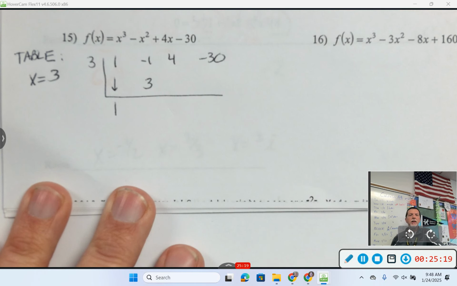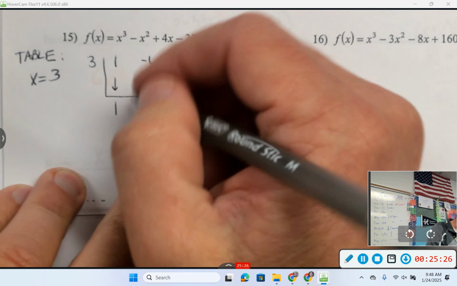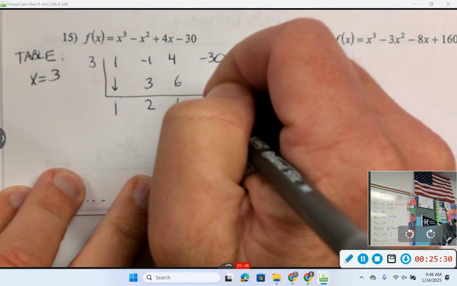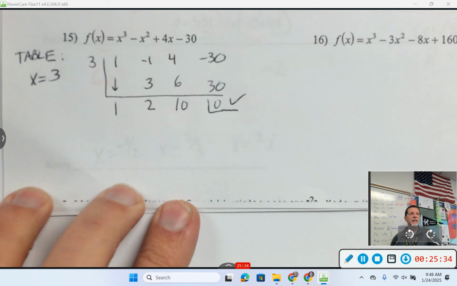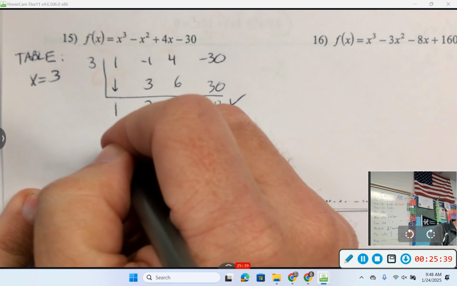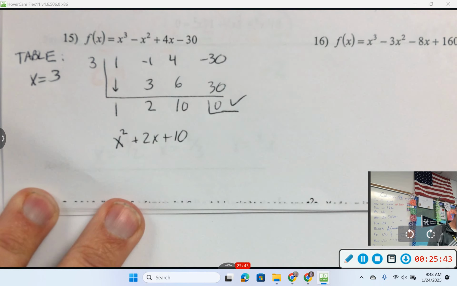Not really because we're checking to see if 3 works. We know 3 is going to work. We want to know what the reduced polynomial is. Yay, we get 0 for an answer, but we expected that. Reduced coefficients, x squared plus 2x plus 10.